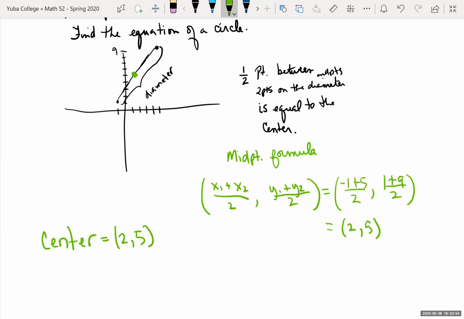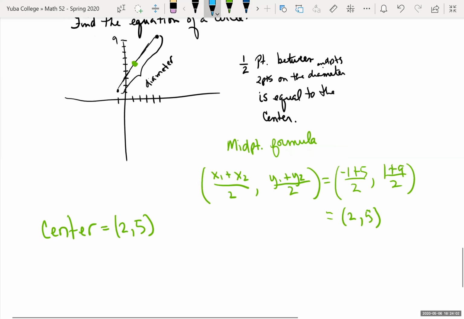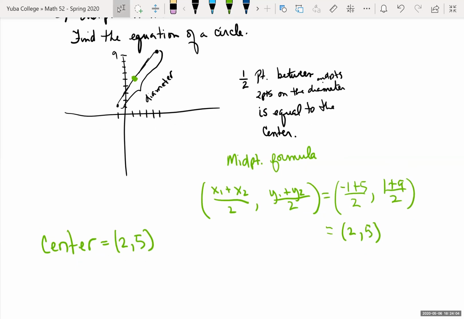So we just found that was the center. And we now need to figure out the distance. So if we use (2, 5), let's use smaller numbers.